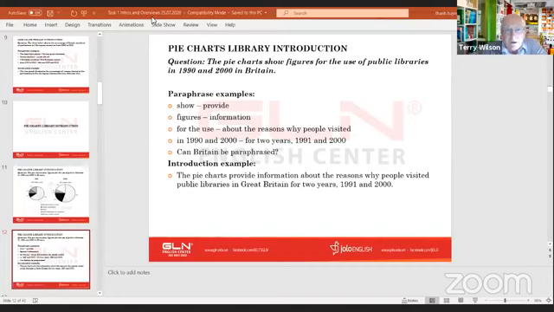So what can you paraphrase? Well, in the question it says show, so we can change that to provide. Provide is just as good as the previous example where we used illustrates. The question says figures, we can change that to information.